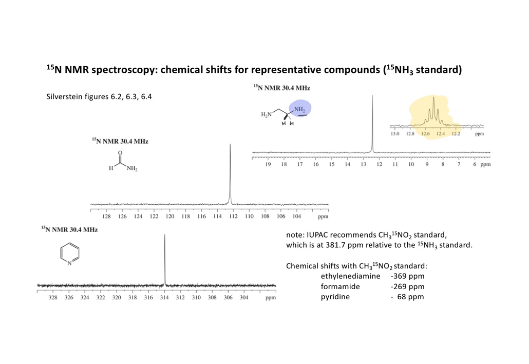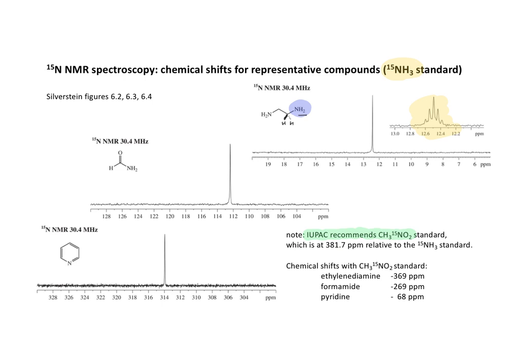This textbook uses what is commonly preferred, which is using N15 ammonia as the standard for 0 parts per million. IUPAC recommends N15 nitromethane as a standard, but that has yet to be widely adopted.